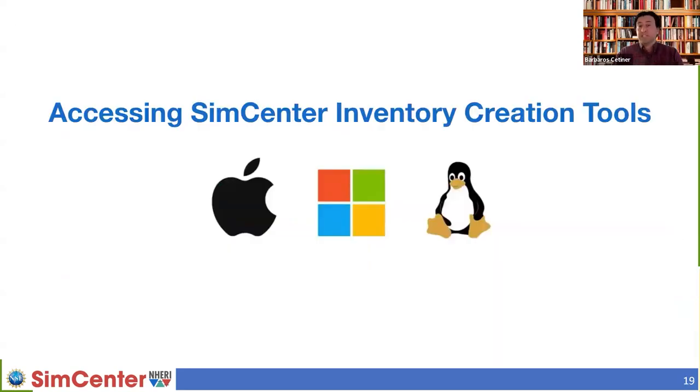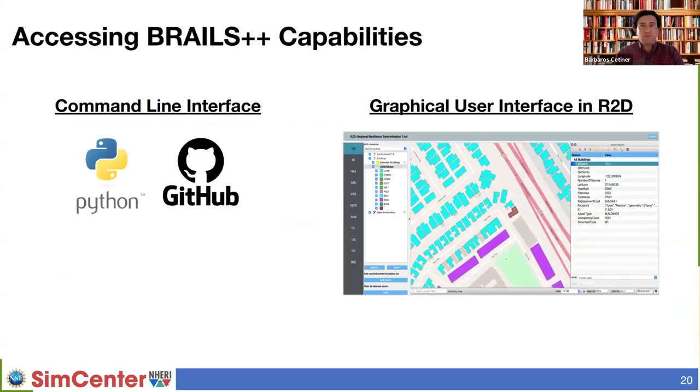In terms of accessing the tools that I mentioned, I've really focused on BRAILS+, but it's most meaningful when you can couple BRAILS+ with R2D. We follow two principal approaches here. BRAILS is available to you as a standalone product.